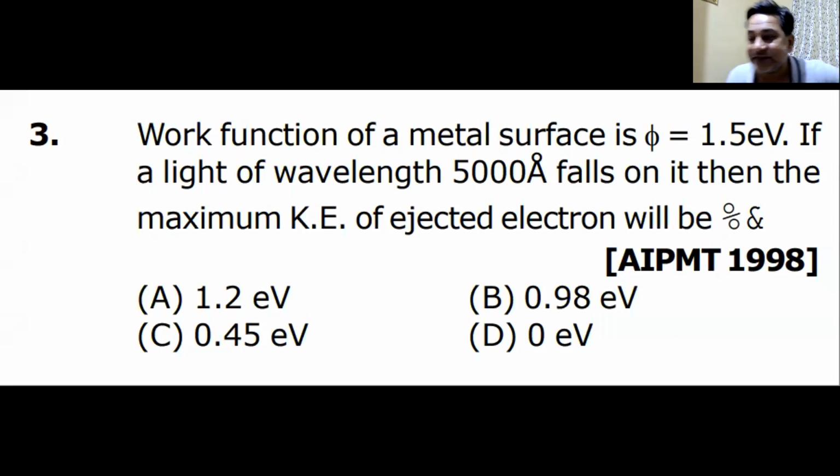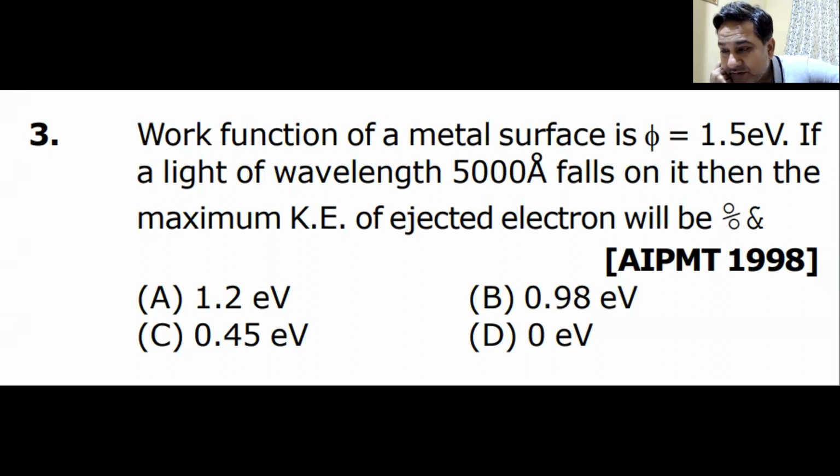And this is the question that has come, from AIPMT, which is your NEET. The question is right in front of your eyes. The work function of the metal surface is 1.5 electron volt. The wavelength of light falling on it is 5,500 Angstrom units.